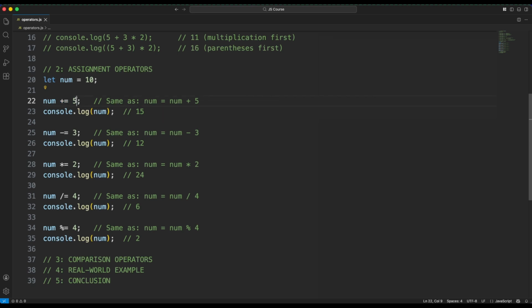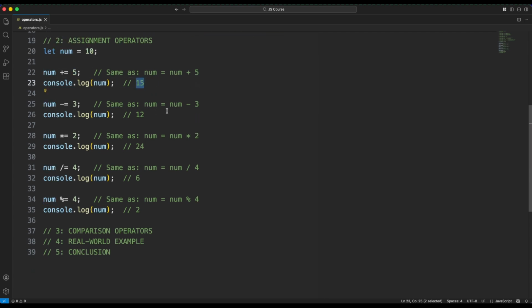Maybe in the last video I already gave an example, right? Same as num plus 5. The answer will be 15 because num is 10 and we add 5, so 15.